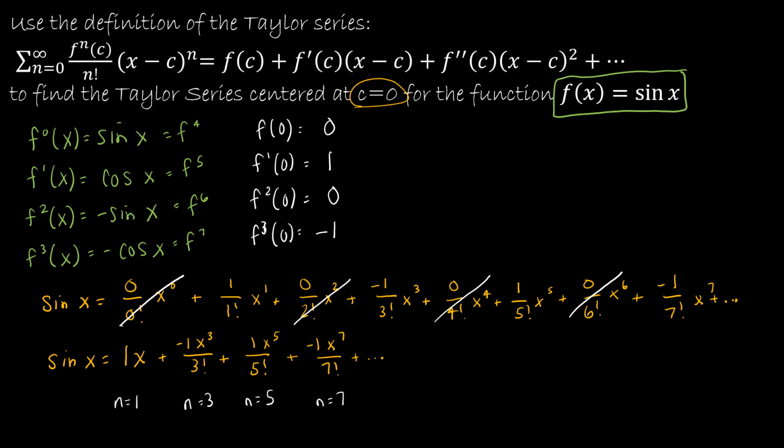So let's do sine of x. I want to rewrite it so that when n is 0, I get this value, and when n is 1, I get this value. So how am I going to make this work? I really just want the odd values.